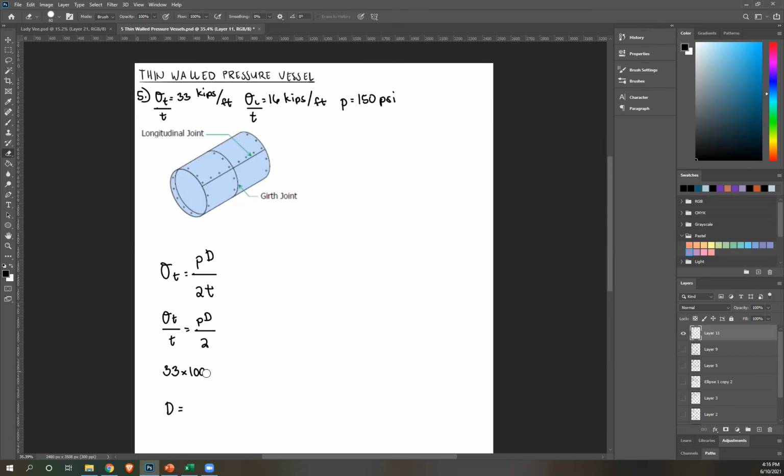Okay, so 33 kips per feet times, 1 kip is 1,000 pounds. And then times, convert feet into inches. 1 foot is equal to 12 inches. Equals 150. That's PSI already. This is what we're looking for. D over 2. Solve again. What's D?